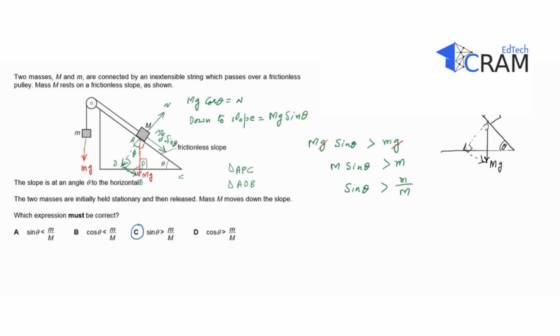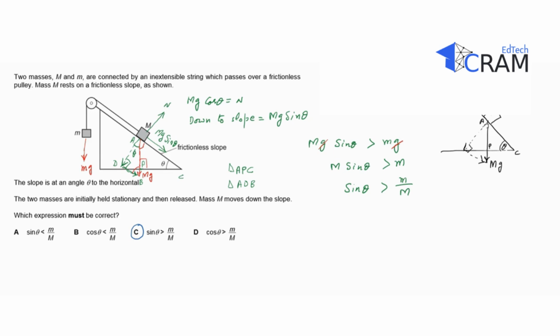Suppose I have two triangles. In this triangle, this is point A, this is point B, and this is point C. So ABC is one right angle triangle.